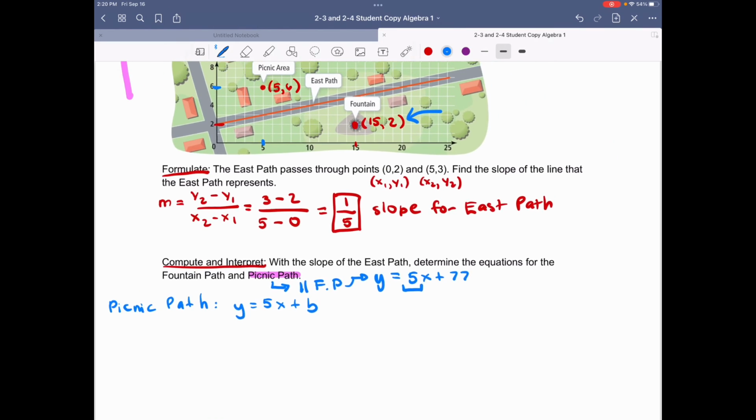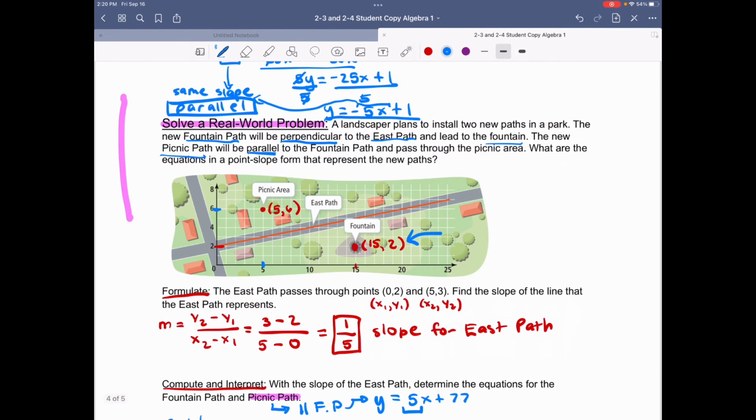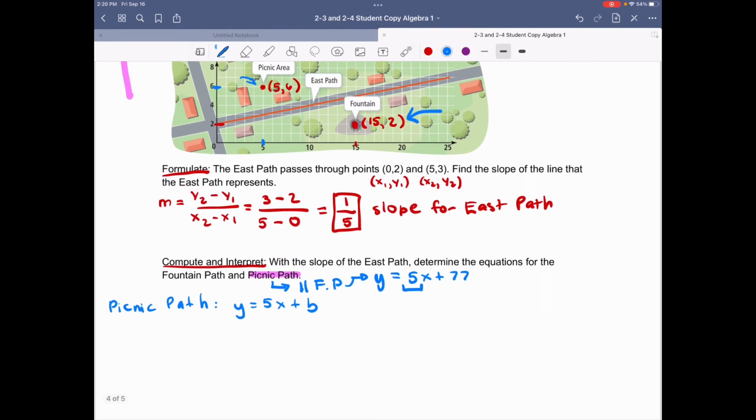and we remember that the picnic path has to go through the picnic area, which is right over here in the coordinate points 5, 6. So we will plug in 6 for y and 5 for x plus b. And so when we solve for b, we have 6 equals minus 5 times 5, which is minus 25, plus b.